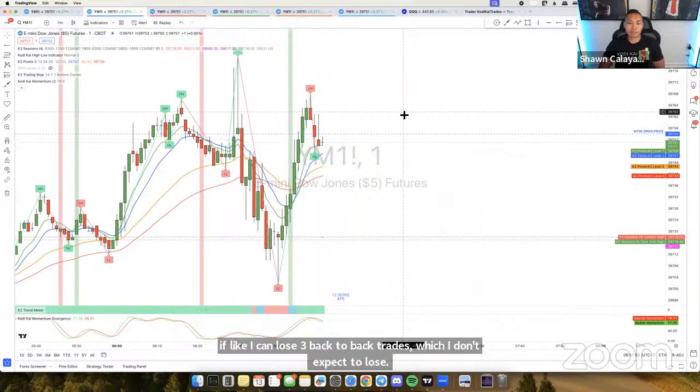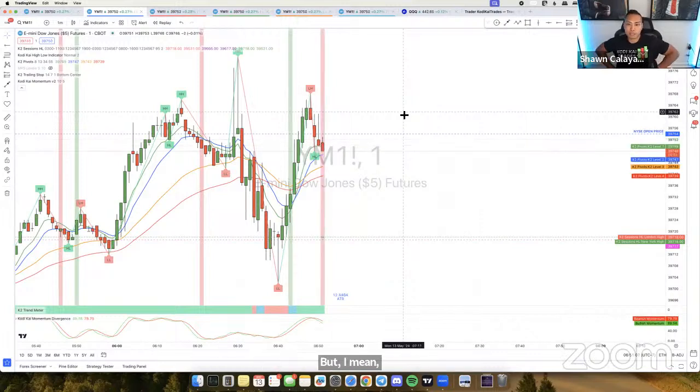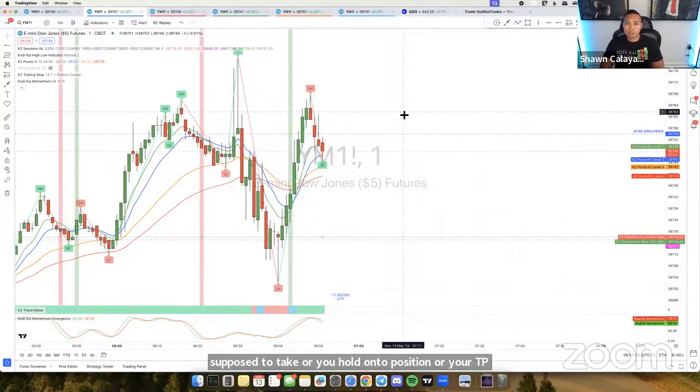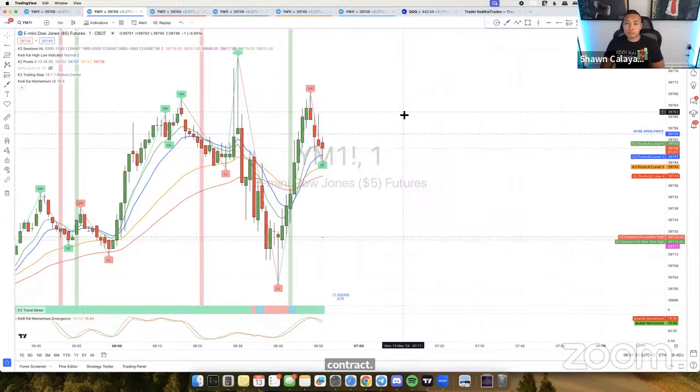If you make a mistake and take something you're not supposed to take, or you hold on to a position, or your TP stop loss is too high, for example a 30 point stop loss, then you probably shouldn't use a 20 contract size. That's why mine's set to 25. So I use 20 just for now.